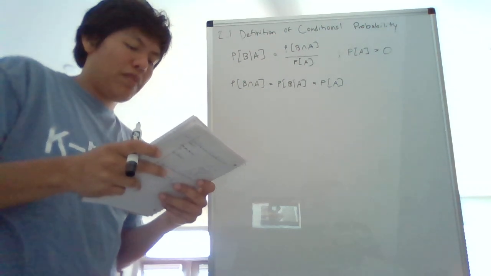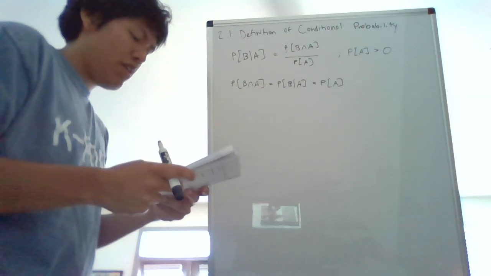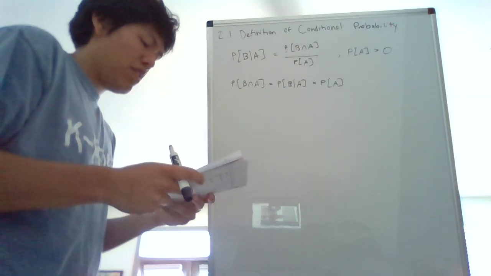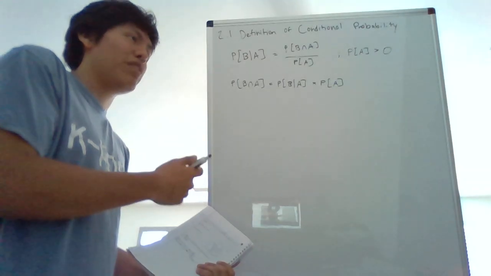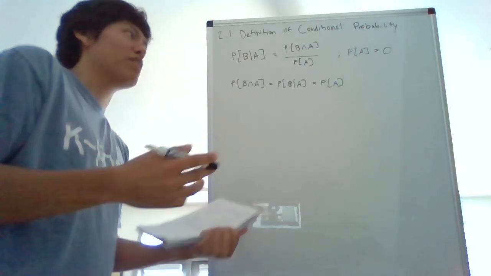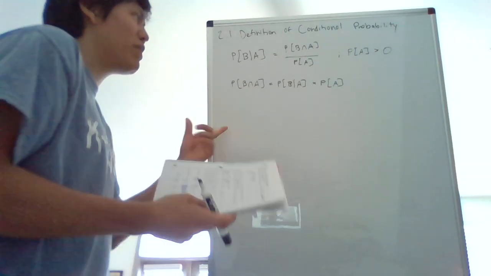Some important relationships regarding this: there's also a complement rule, right? Where 1 minus the event is equal to the complement, or 1 minus the complement is equal to the event. Well, the same thing applies here.